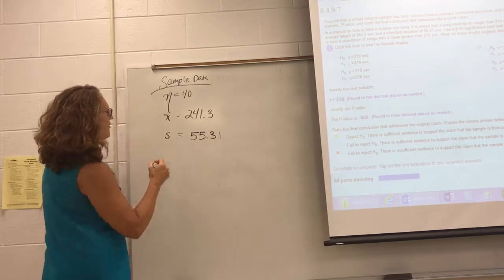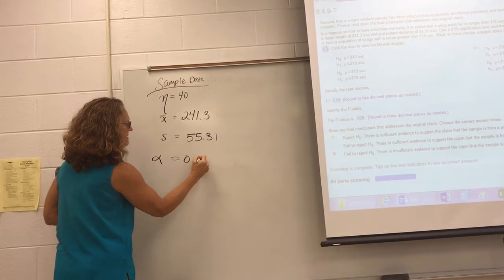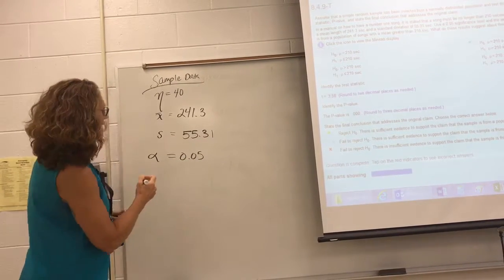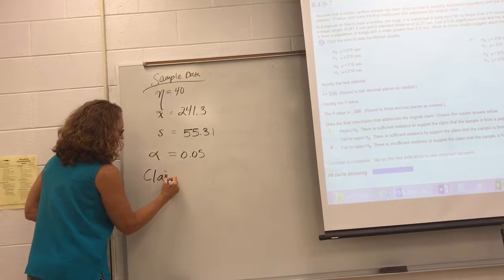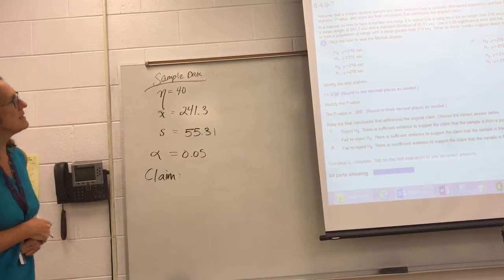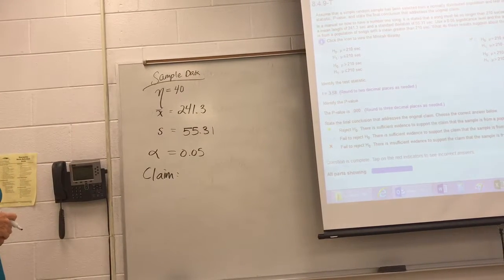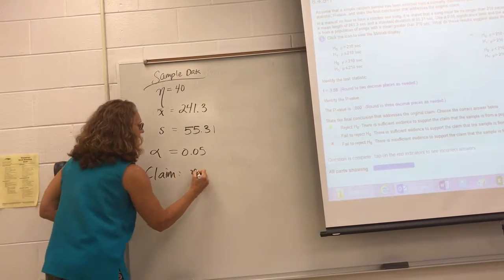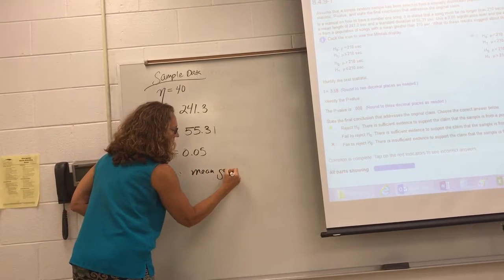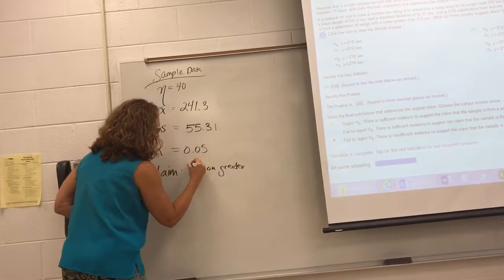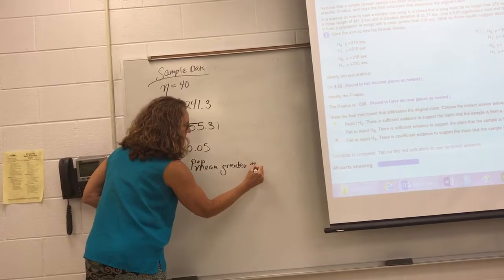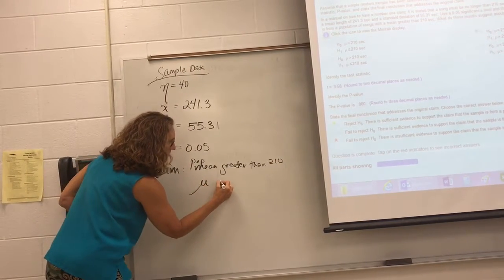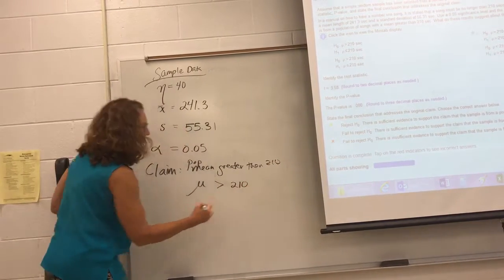We're going to use alpha equal 0.05 to test the claim that the sample comes from a population of songs with mean greater than 210. Mean greater than 210, that's population mean. So in symbols, that's mu is greater than 210.